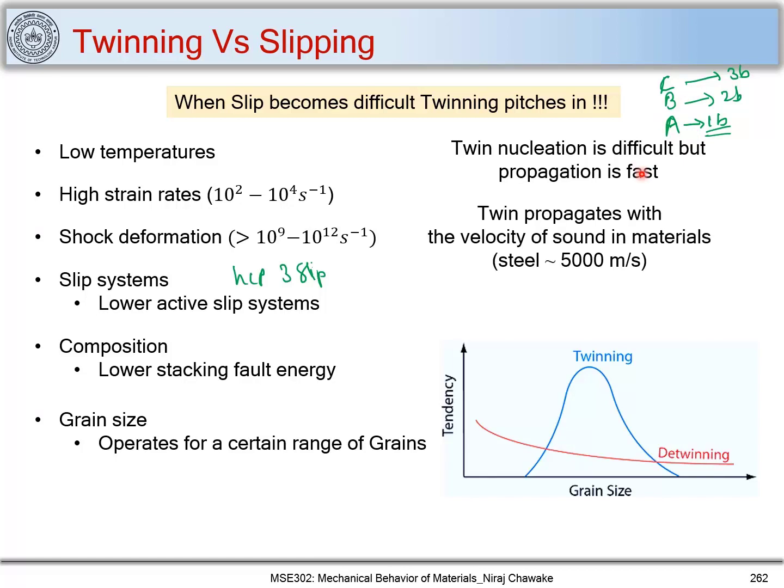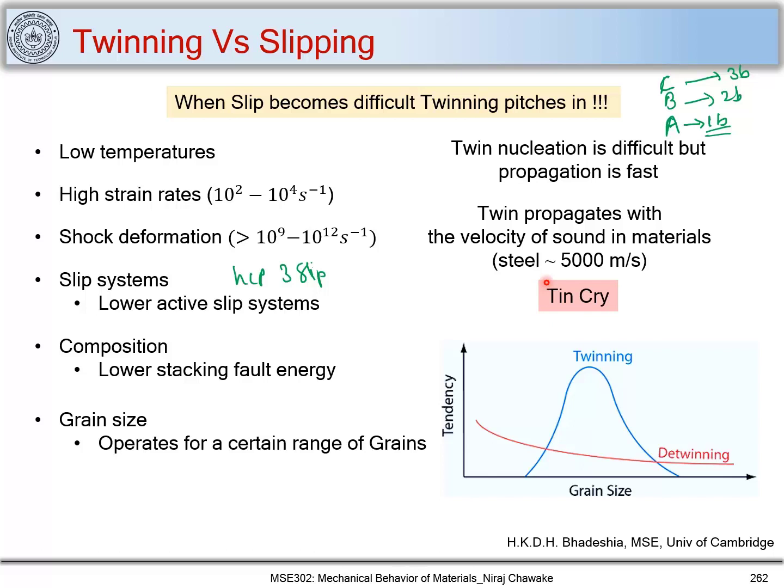And how fast is it? The twin propagates with the velocity of sound. And what's the velocity of sound in a material? Let's say in steel, it reaches 5000 meters per second. Here I would like you to look at tin cry. There is one good video available on YouTube.